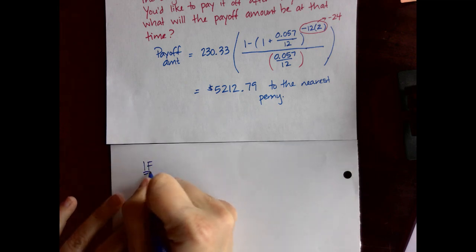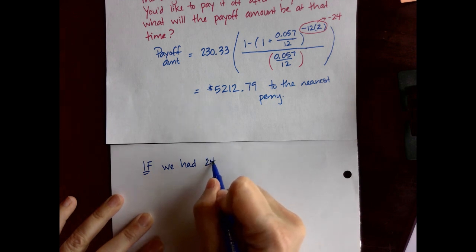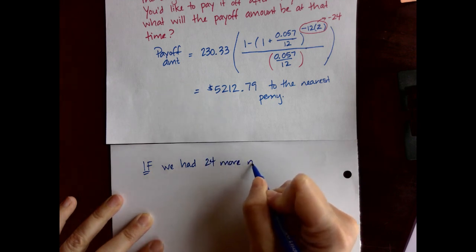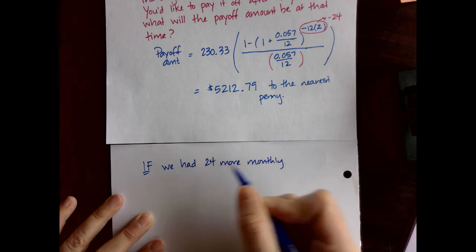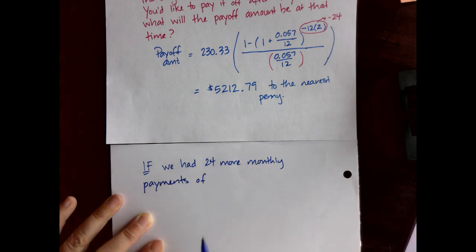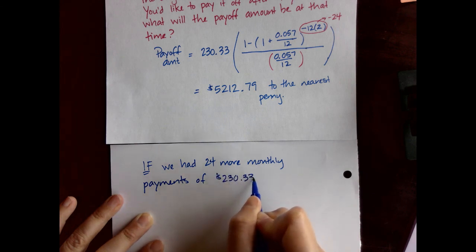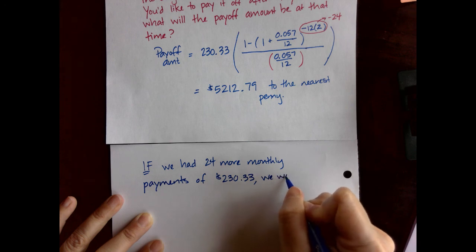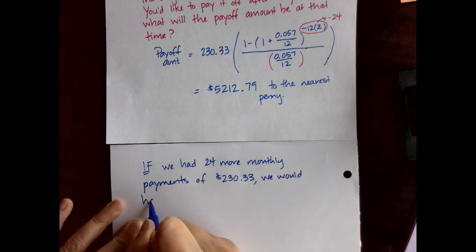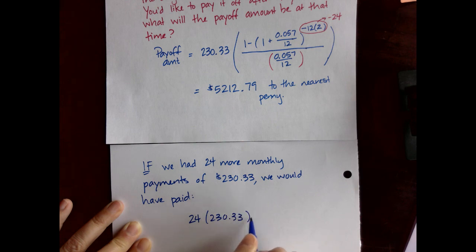If we had made 24 more monthly payments of $230.33, we would have paid, well, to figure that out, we need to do 24 times 230.33.